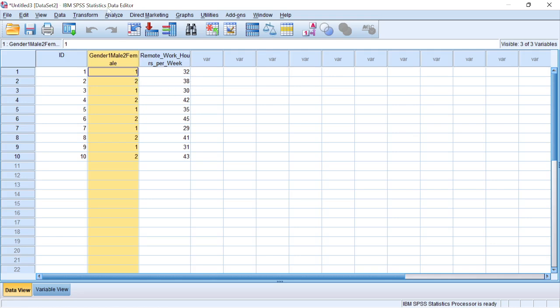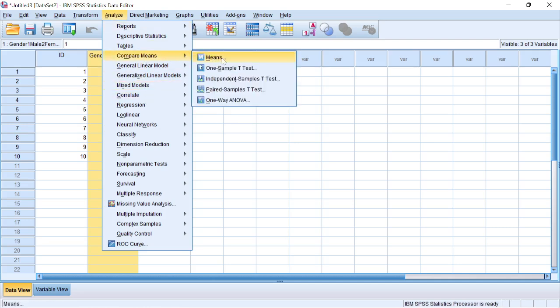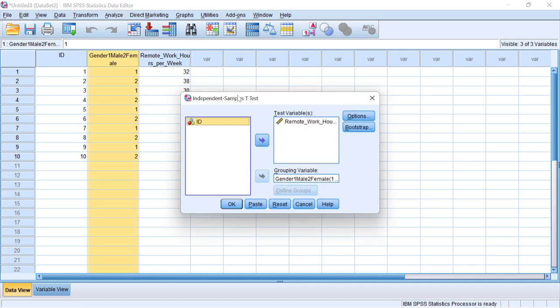So after you've done this, let's go and analyze. You go to Analyze, then Compare Means, and you go to Independent Samples t-test. Oh, sorry, let me reset. So the gender is the group, that's why they call it the grouping variable.